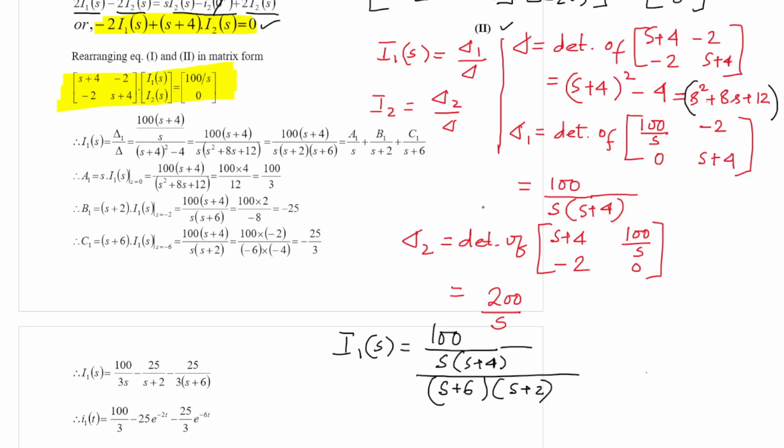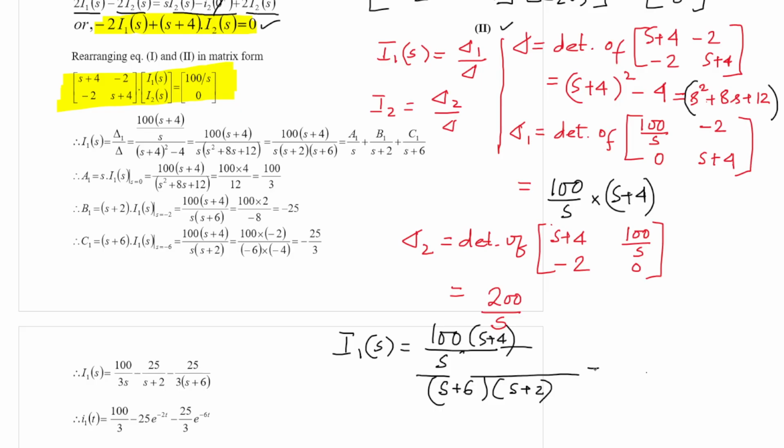So let me check again. What is delta 1? Delta 1, sorry, I have made one mistake. It should be 100 by s into s plus 4, so s plus 4 should be in the numerator.